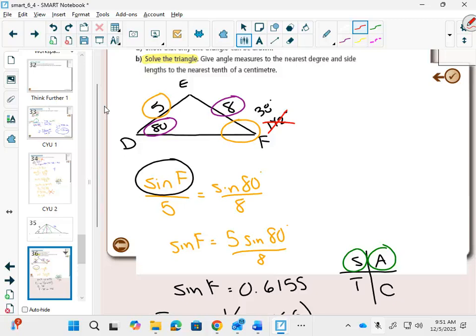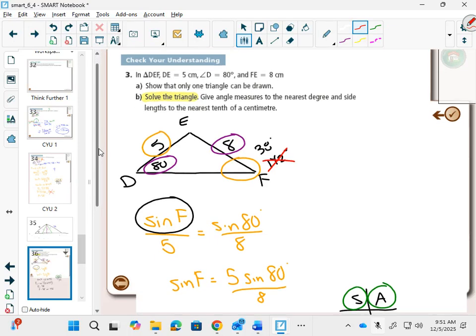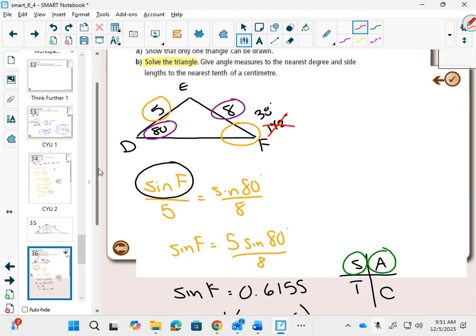We'll do negative angles a lot in grade 12. So 38 is the only one, which mathematically shows that there's only one triangle. Because in part A it said, show that there's only one triangle. If you explain that the opposite side was bigger than the adjacent side, therefore there's only one triangle, that would be fine as well.